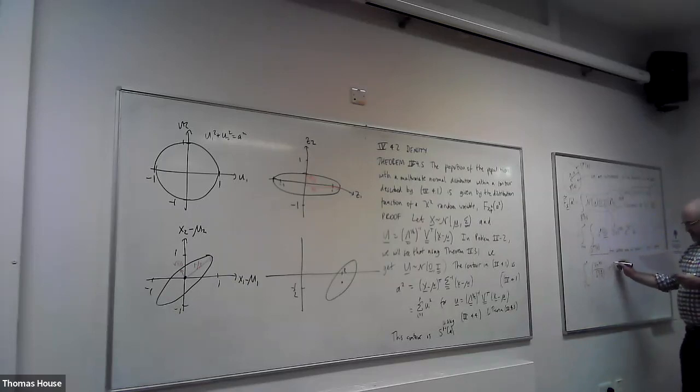Then r to the p minus 1. Yeah. Then we're multiplying by 2 pi to the minus p by 2 e to the minus r squared over 2 dr. Right. So that's where we've got to with the F tilde. Okay.